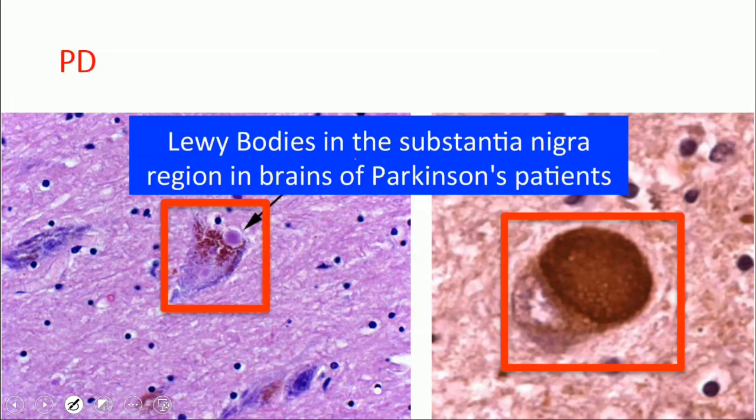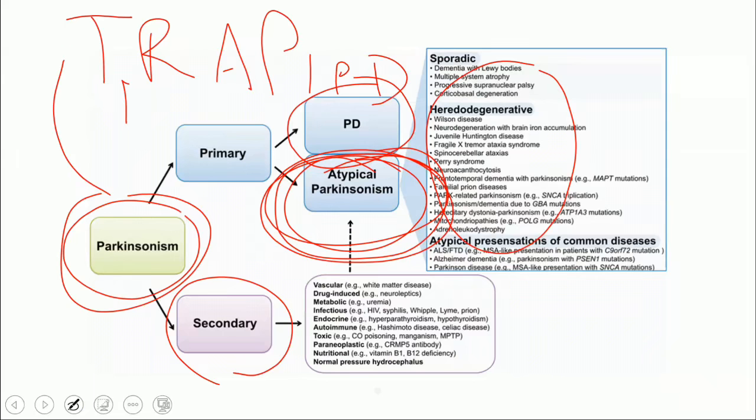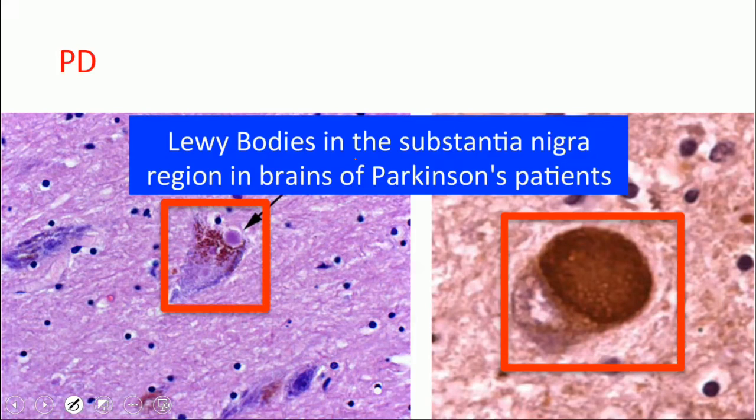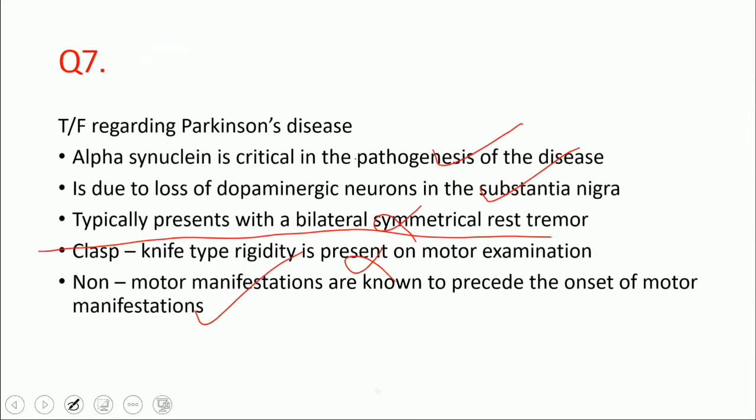So early onset dementia, autonomic manifestations, recurrent falls, vertical gaze palsies, other parts of the nervous system involved, like the pyramidal pathways, the cerebellum, all of these. One last thing is that idiopathic Parkinson's responds beautifully to levodopa.